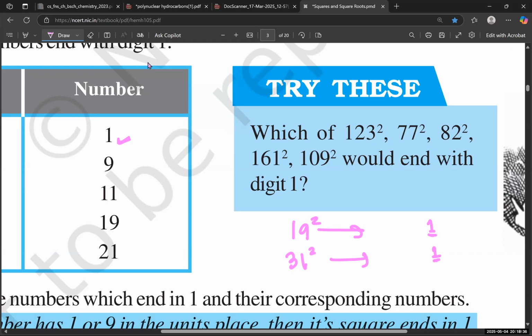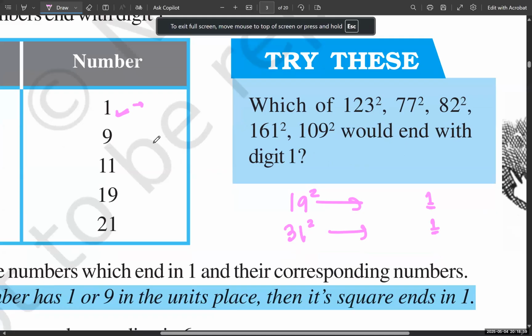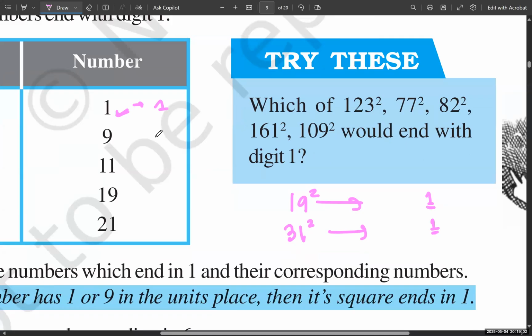Okay. So what is the unit place? What is the ones place of this number? What is in the ones place of 9?